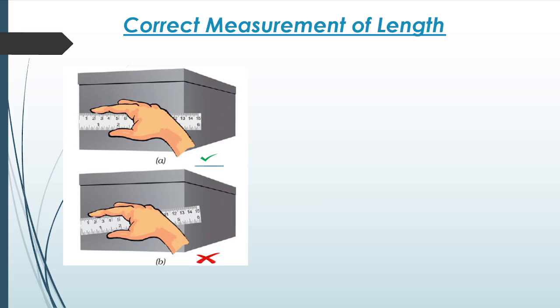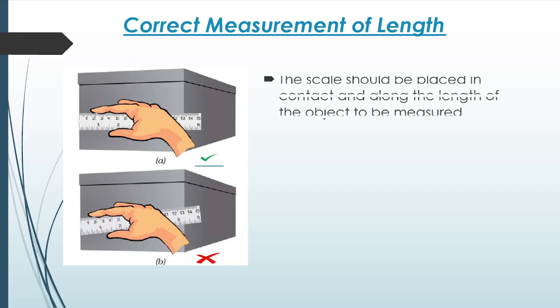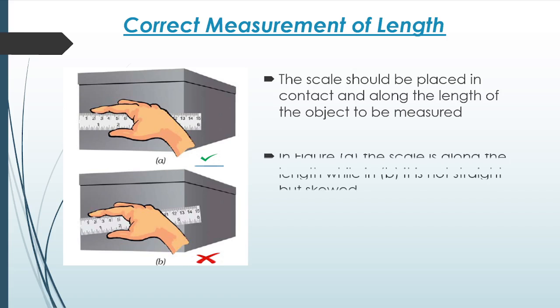When using a ruler, there is a certain way in which the ruler needs to be handled. It has to be straight and it should be placed in contact and along the length of the object to be measured. That is, if the ruler is tilted and if it is not aligned along the length of the object to be measured, then your measurement can be skewed or inaccurate.